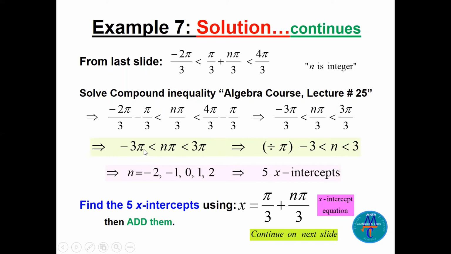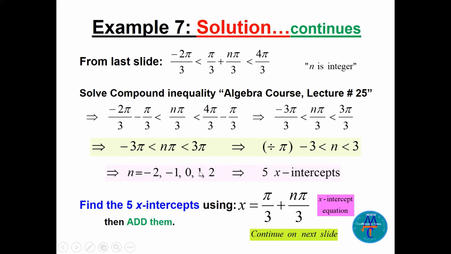So we get minus 3 pi less than n pi less than 3 pi. Divide by pi, so n would be between minus 3 and 3. So let's find all these numbers. These are integers now. Listen, n is an integer. So n is minus 2, minus 1, 0, 1, and 2.